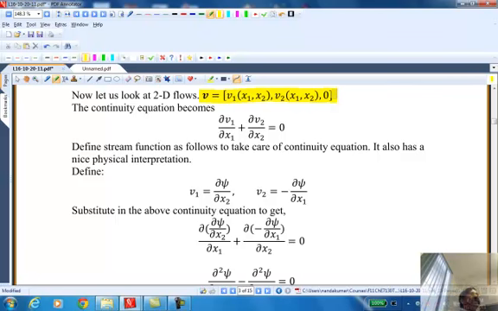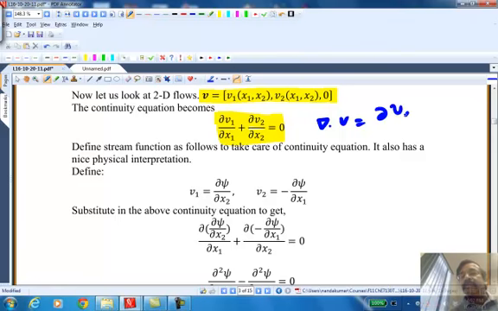When that happens, the continuity equation is not trivially satisfied. You have to have the continuity equation reduced to this, because v3 is 0, the third term drops out. Remember, the continuity equation comes from del dot v, which is dvi/dxi in index notation.